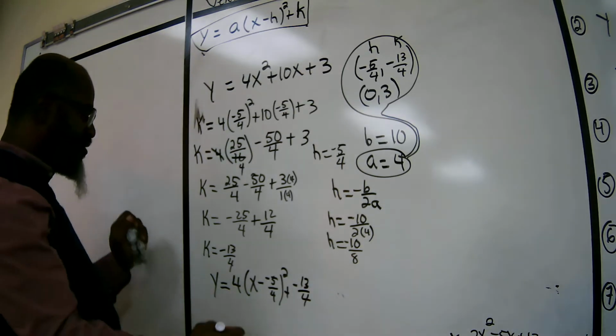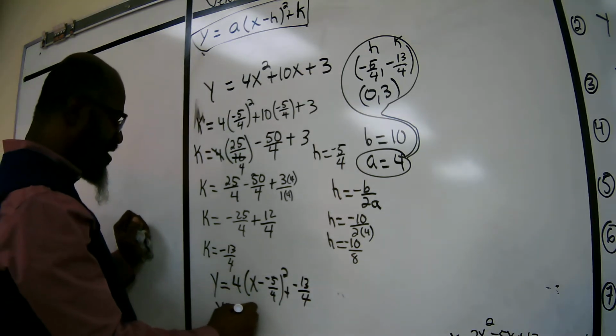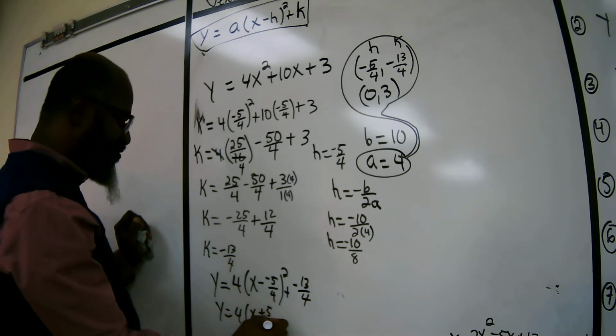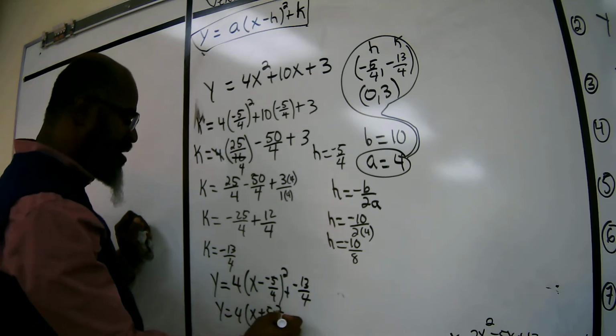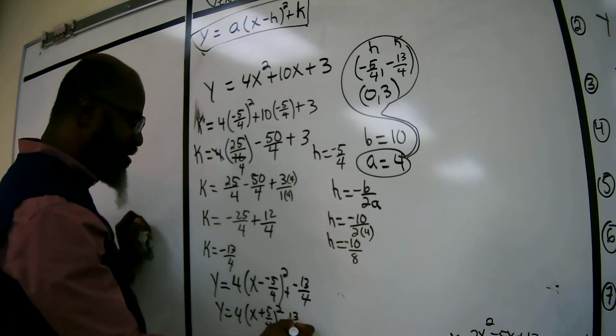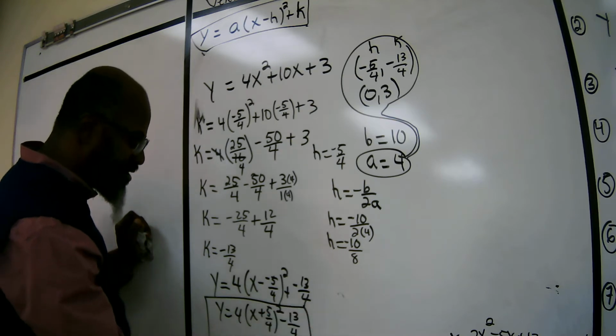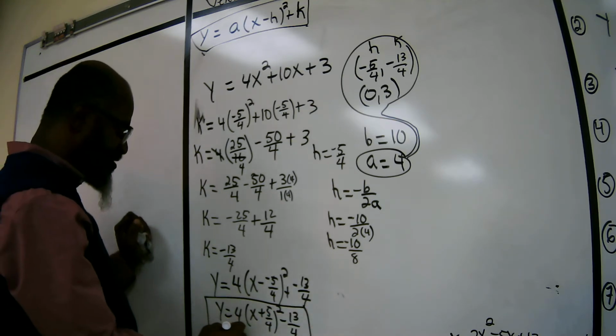Here we have to do a little simplification. That will be 4 times x plus 5 over 4 squared minus 13 over 4. This is my vertex form, childish version.